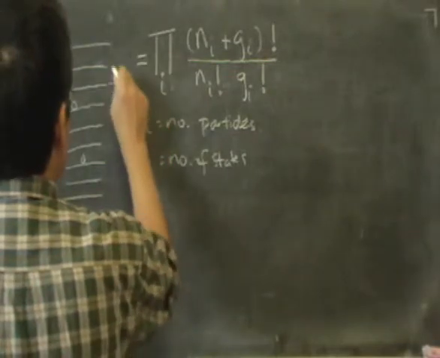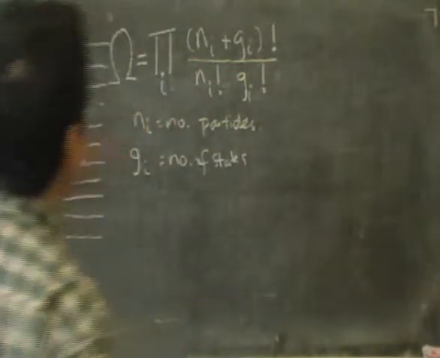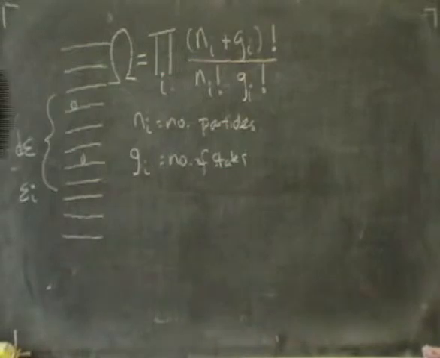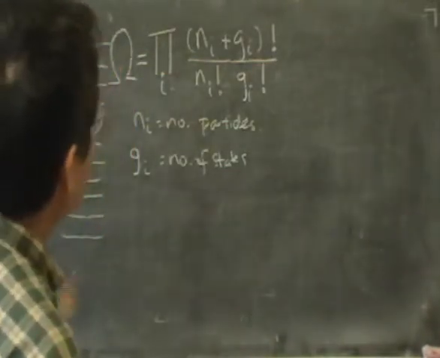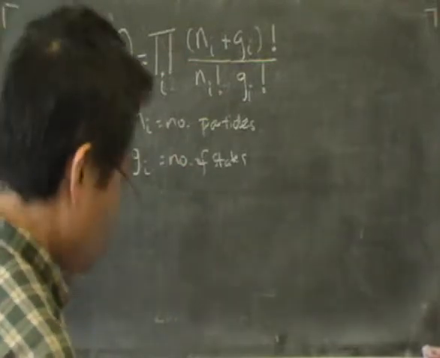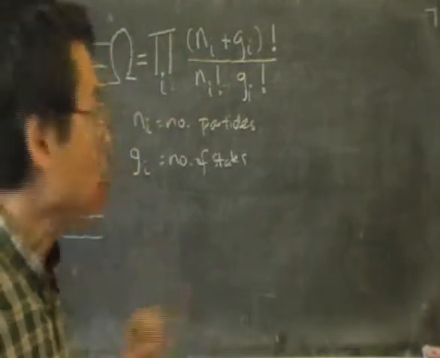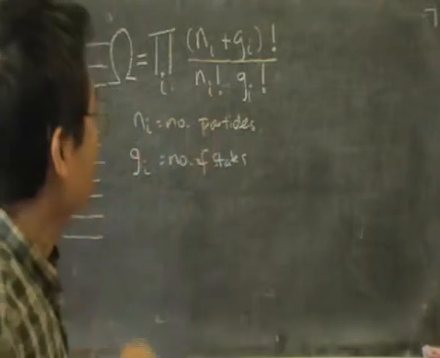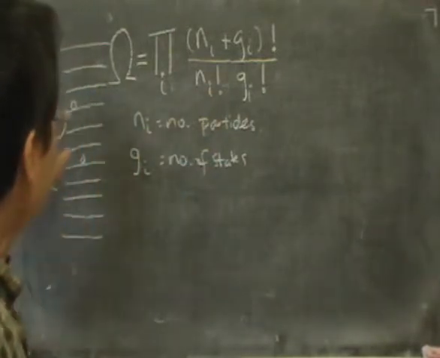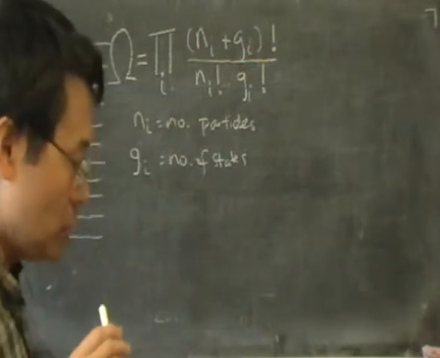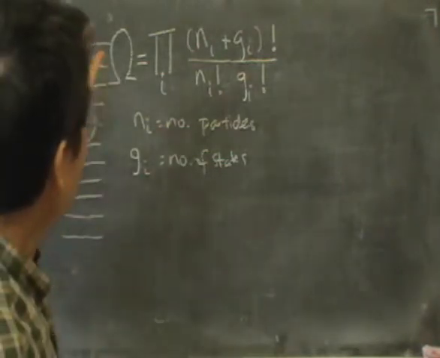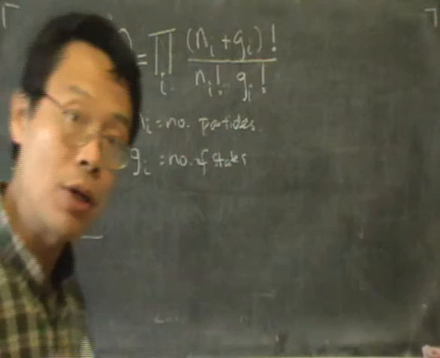And I'll use the symbol familiar by now, the symbol omega, to represent this number of arrangements. So we have this, and this is the expression that we need to maximize. We need to find Ni, the number of particles at each interval that will give a maximum number of arrangements. And there are constraints.